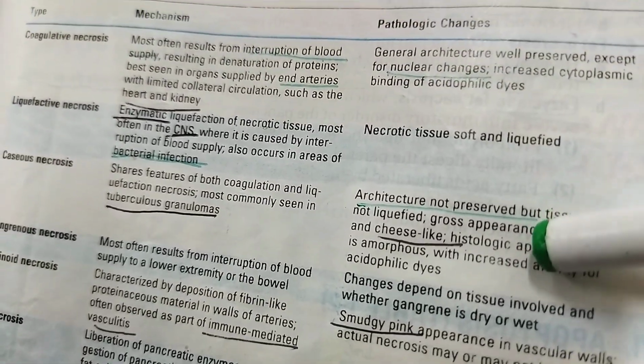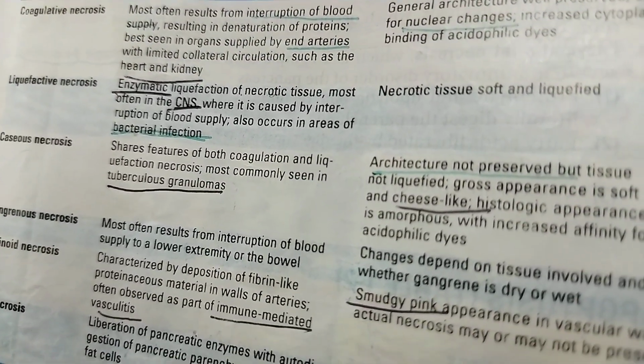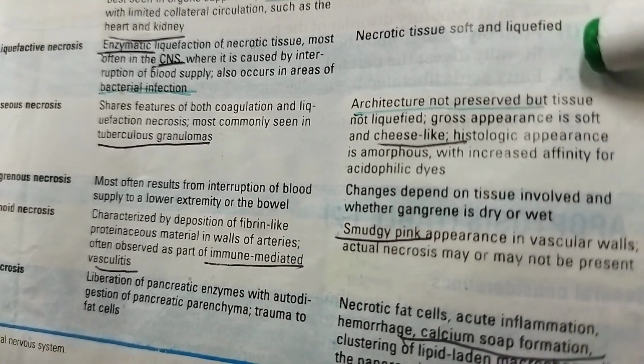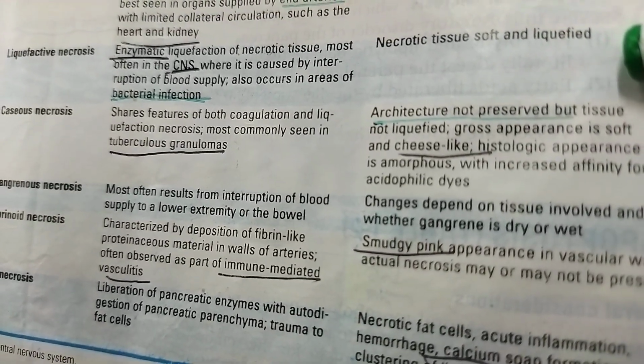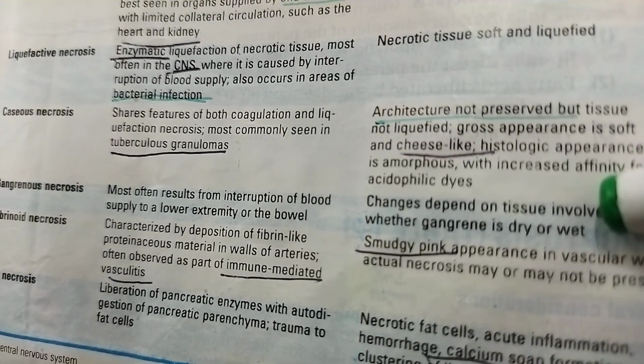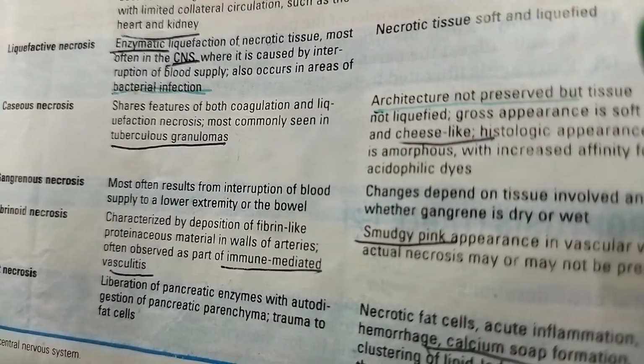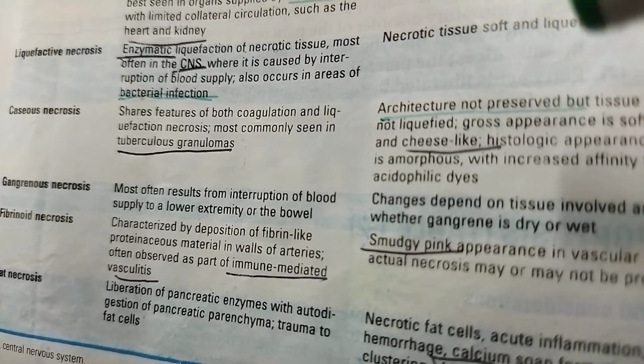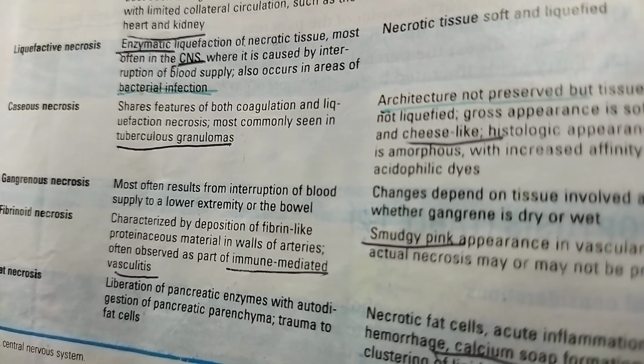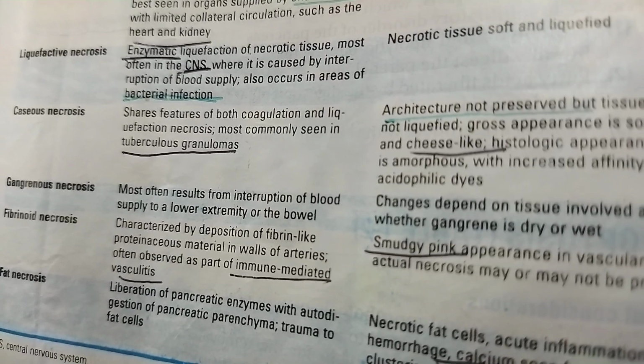So let's see the pathologic changes in caseous necrosis. Architecture not well preserved, but tissue not liquefied. Okay, this is the important point. The architecture is not preserved, unlike coagulative necrosis where architecture is well preserved.